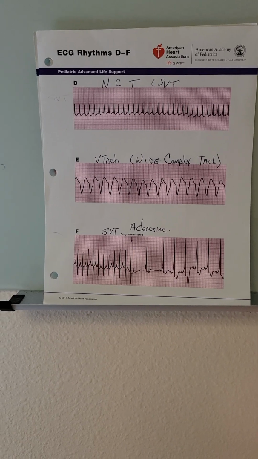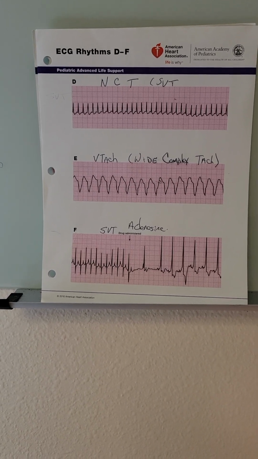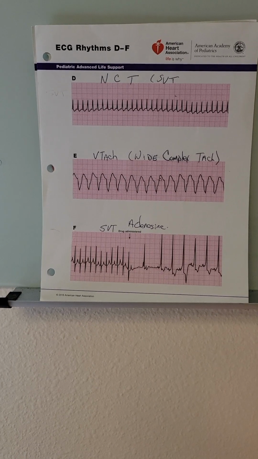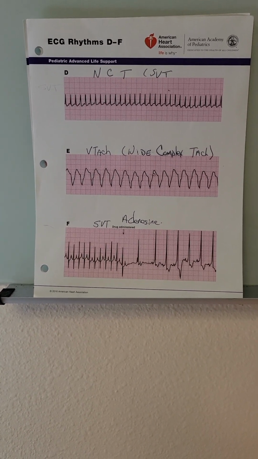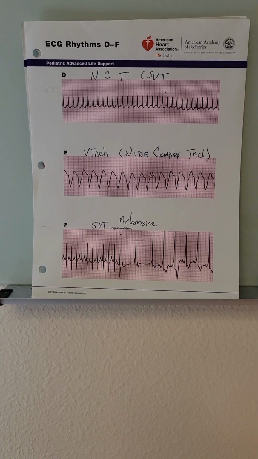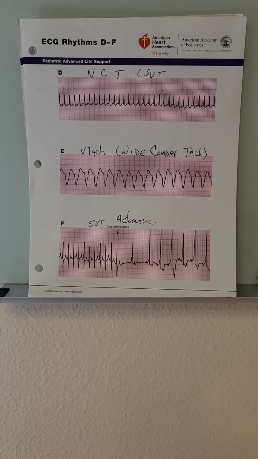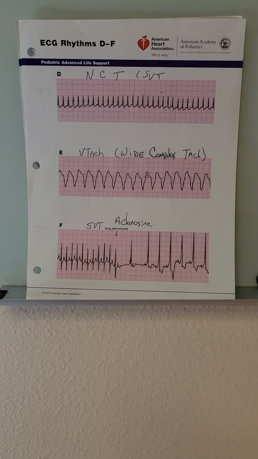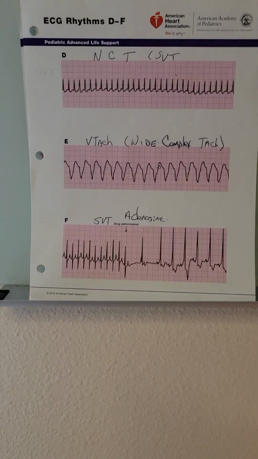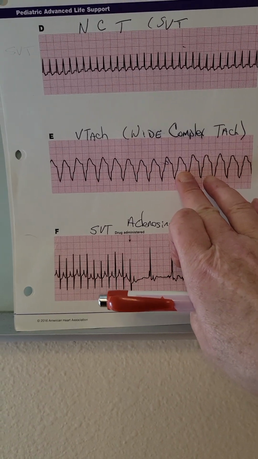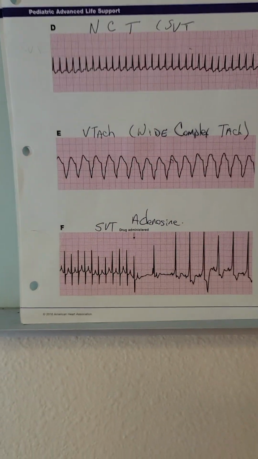So, the doctor might order 0.1 milligrams per kilogram of adenosine. I mean, we're going to try bearing down first. This one here, I don't think it's going to work. This one, there's a chance. Bearing down might work.